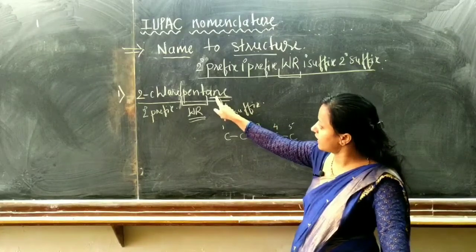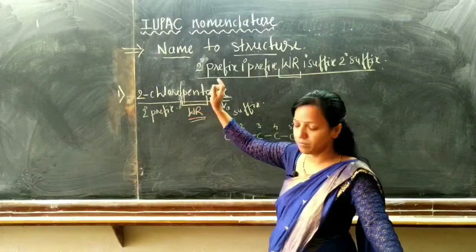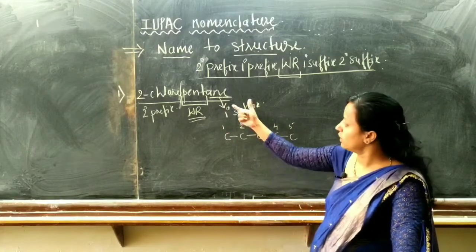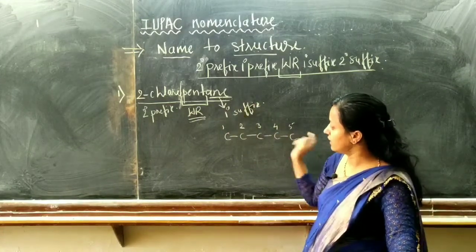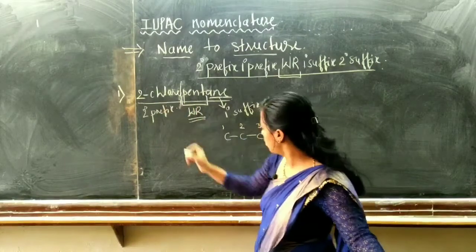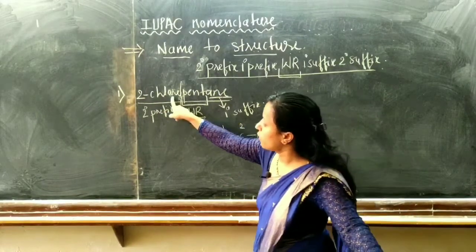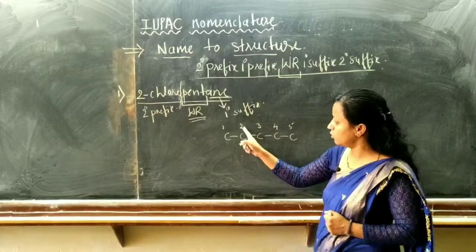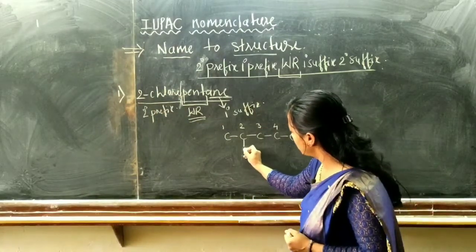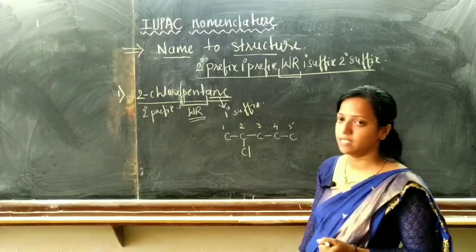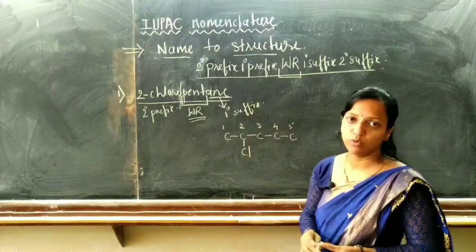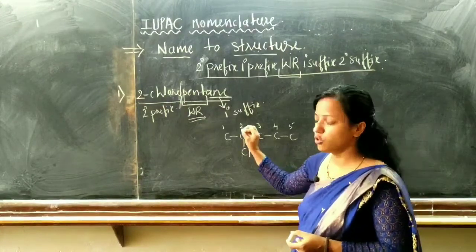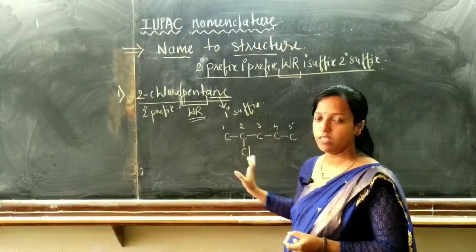Then we go for the suffix. The suffix is ane, which means all single bonds, so there is no secondary suffix, and we write single bonds. It is 2-chloro, so the chloro group is present at the second carbon; we write Cl on the second carbon. The remaining hydrogen atoms are added in such a way that they satisfy the tetravalency of each carbon.